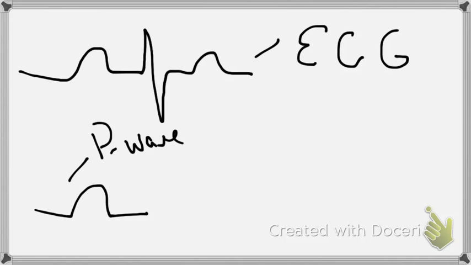We know that this is a P wave because it fits the definition of a P wave. Not that you need to know that right away, but the definition of the P wave is a P wave is upright, well-rounded, preceded by or followed by one and only one QRS complex. So I know that definition, so I know that that's a P wave because it's upright, well-rounded, and it's followed by this, which is the QRS complex.